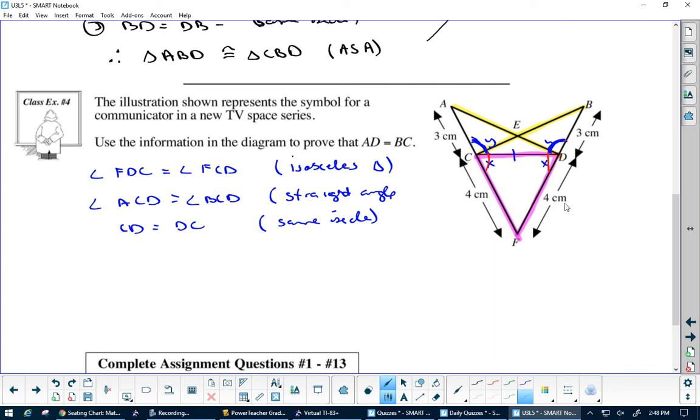So then I can say triangle ACD is congruent to triangle BDC because of side, angle, side.